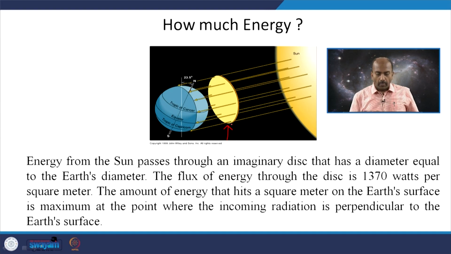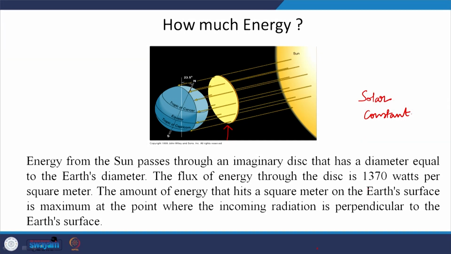Now, if we measure the amount of energy that is incident on this disk per unit surface area per unit second, it will be a quantity which is called the solar constant.